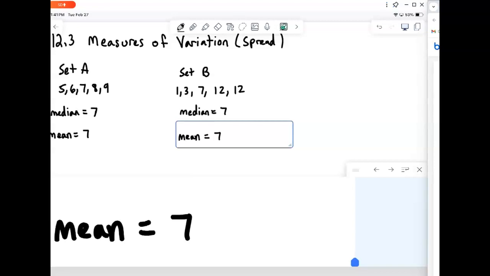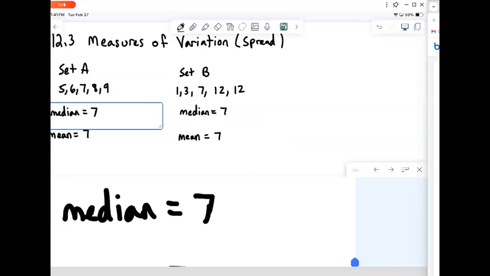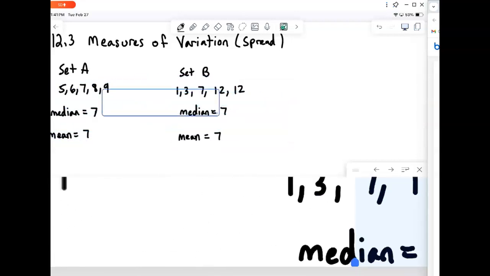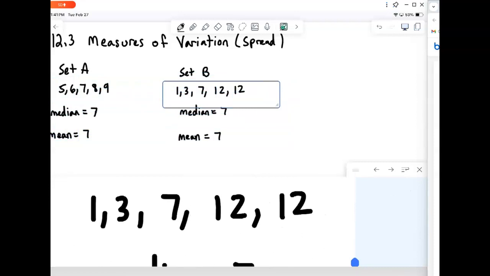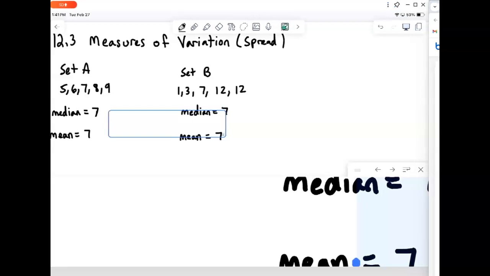They're not the same, of course, but they have the same middles. But they are very different. So just looking at the middle doesn't always give you an idea of what's going on with the data.